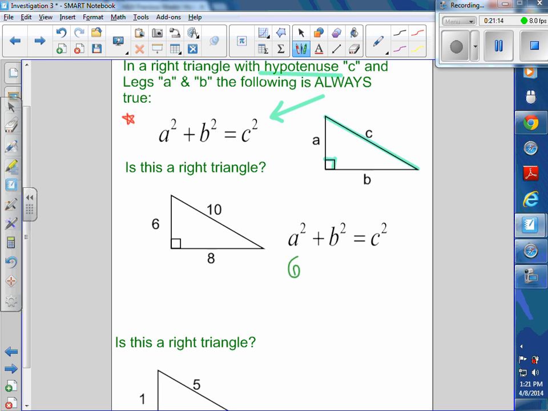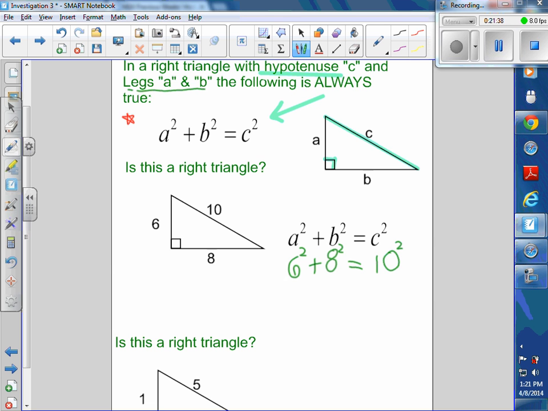I started with a really easy one. So 6 squared plus 8 squared. I'm using the smaller two sides, which we call the legs of the triangle. And the long side we call the hypotenuse. Yeah, good point.